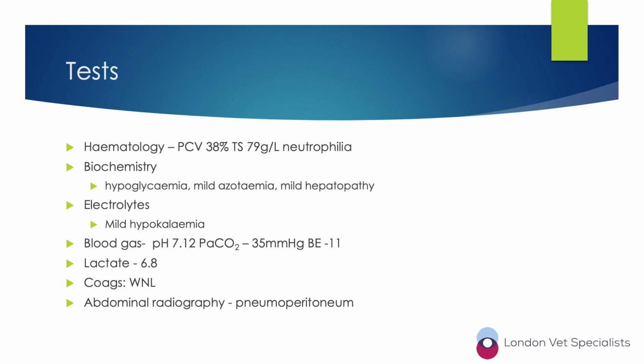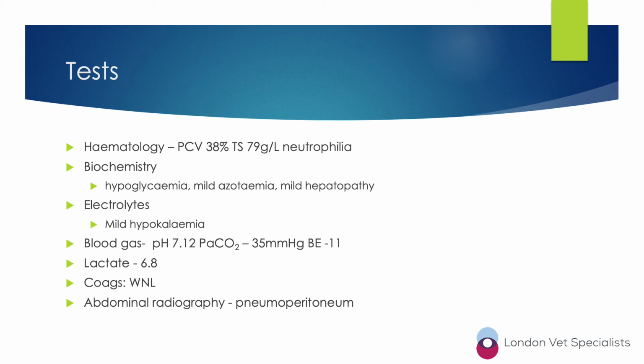His biochemistry showed a hypoglycemia, a mild azotemia, likely to be pre-renal, and a mild hepatopathy. He also had a mild hypokalemia, which wasn't deemed to be necessary to treat. His blood gas showed again a severe acidemia, with a PaCO2 of 35 millimeters of mercury, so towards the low end.